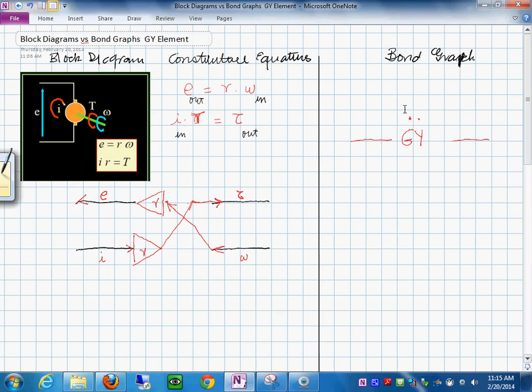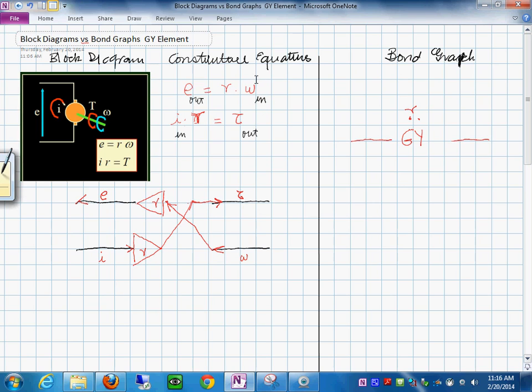This has a modulus R over here, but I think it's a good idea to see what's going on with the equations here. You see, on this side, E is the output. This would be the input.